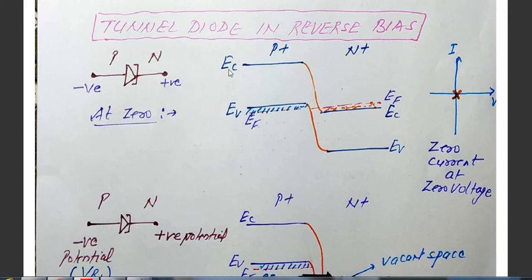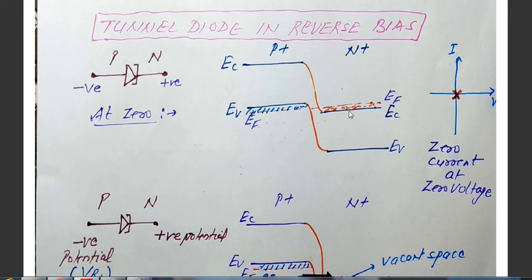This is the energy gap diagram, and here again this is the conduction band and this is the valence band towards the P side, and these are the vacant spaces available. This is the N plus side with its conduction and valence band, and this is the Fermi level, and these are the electrons available. At zero condition we see zero current at zero voltage.